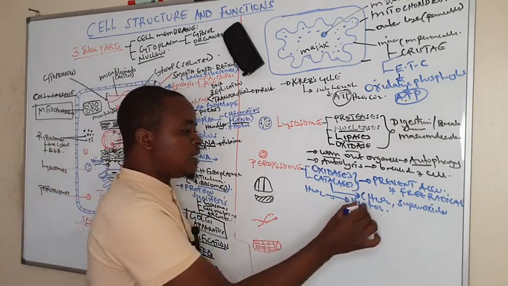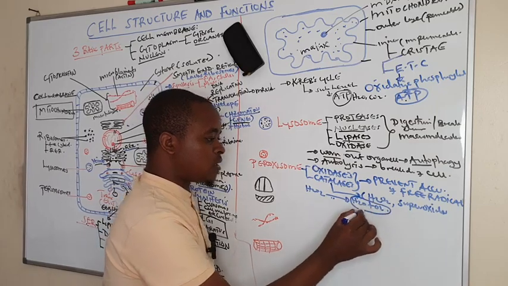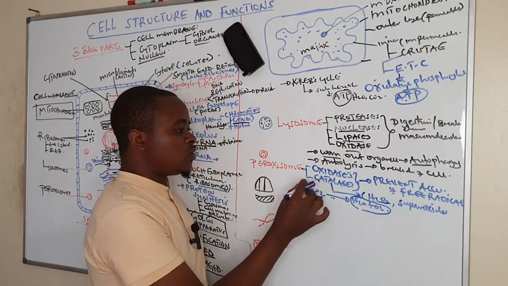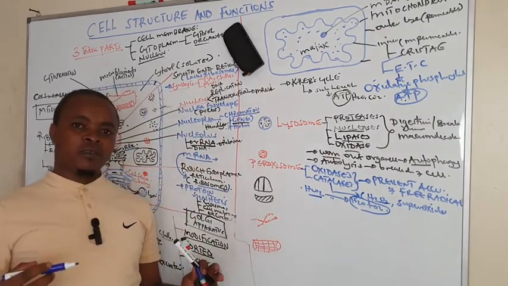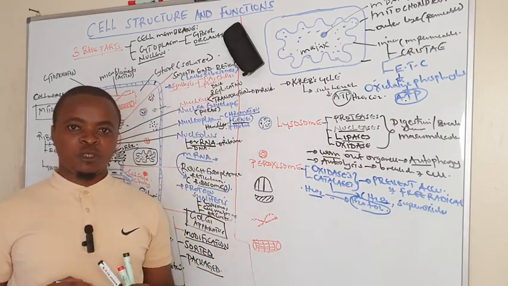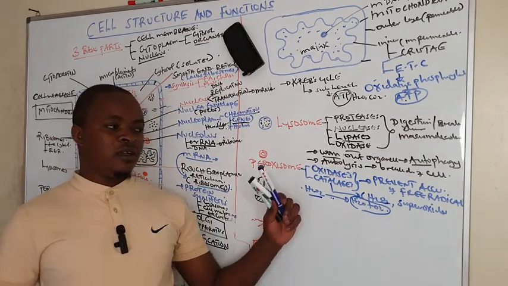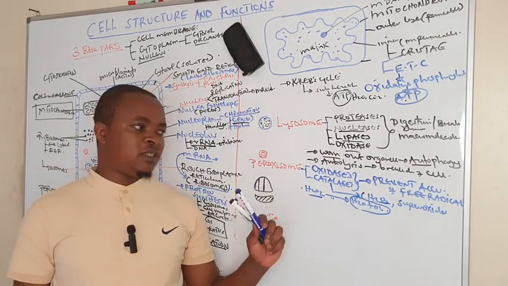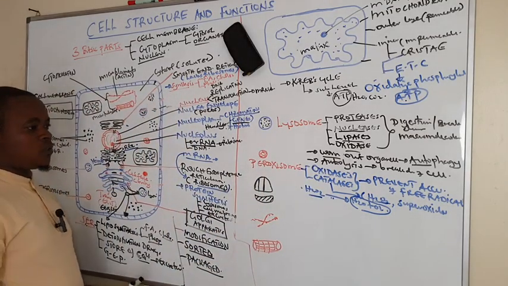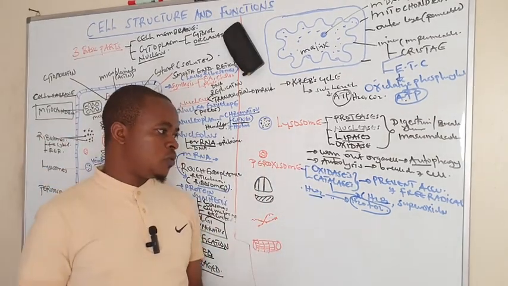So this one is not toxic, whereas the hydrogen peroxide is very toxic. So these enzymes enable us to prevent accumulation of these reactive oxygen species like superoxides, hydrogen peroxide, and hypochlorous acid, which can destroy the cells. So that is the function of the peroxisome.